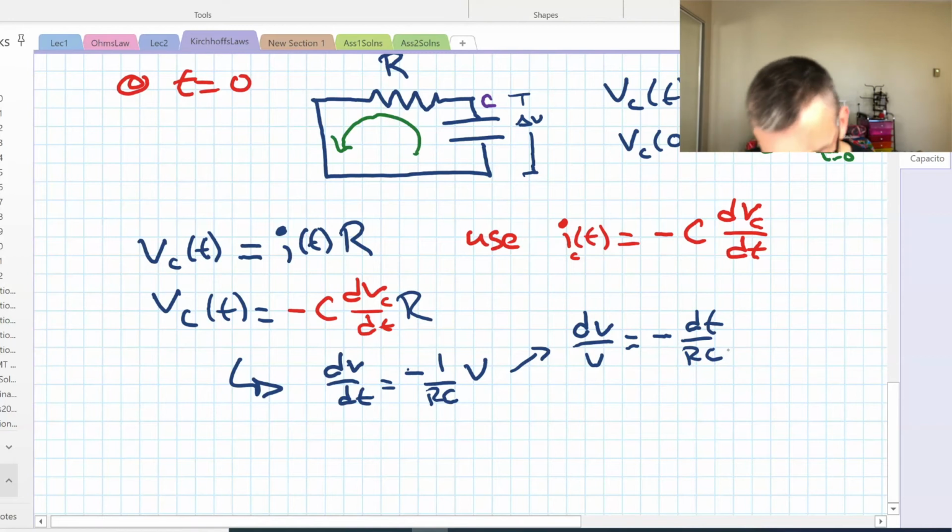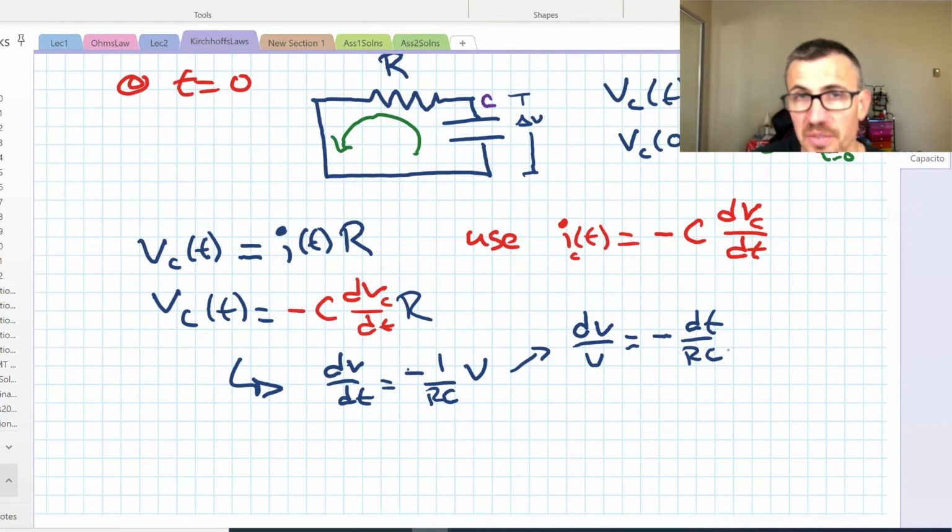This is interesting. On the left side it's unitless, since dV has the same units as V. And the right-hand side, therefore, has to be unitless. That means resistance times capacitance has units of time, which is weird. So if you want to meet someone in 10 seconds, and you want to be a jerk, you can say, meet me in 10 ohm farads. And that's the same thing.